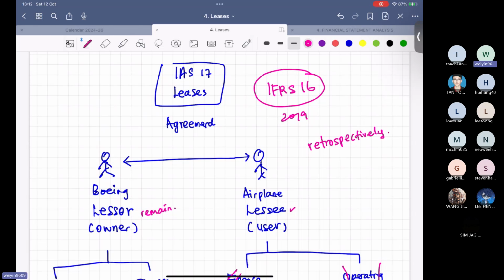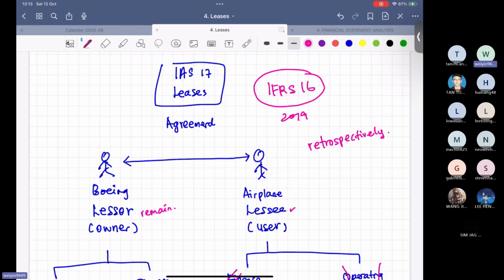Previously, they just debit expenses, credit cash, very easy. But now they have to recognize the rented shop lot as an asset, and this item has to apply retrospectively. So you imagine how many trading companies have been affected during these changes, I mean, the new standard implementation.